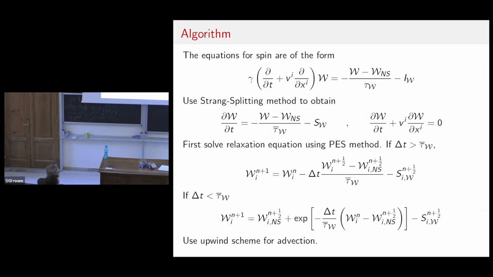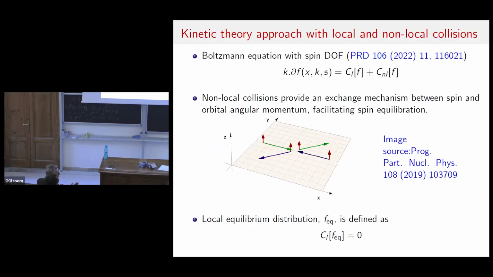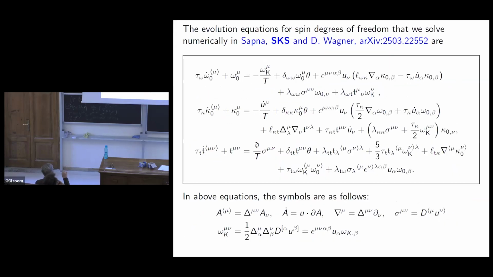So the local equilibrium is this, and any deviation from this distribution is non-equilibrium. But if you then sum up all of them, you get something similar.